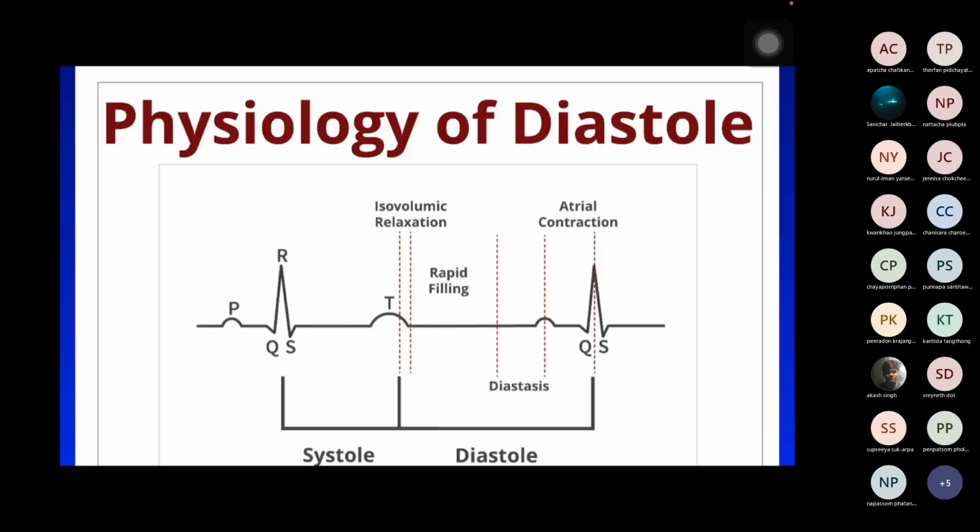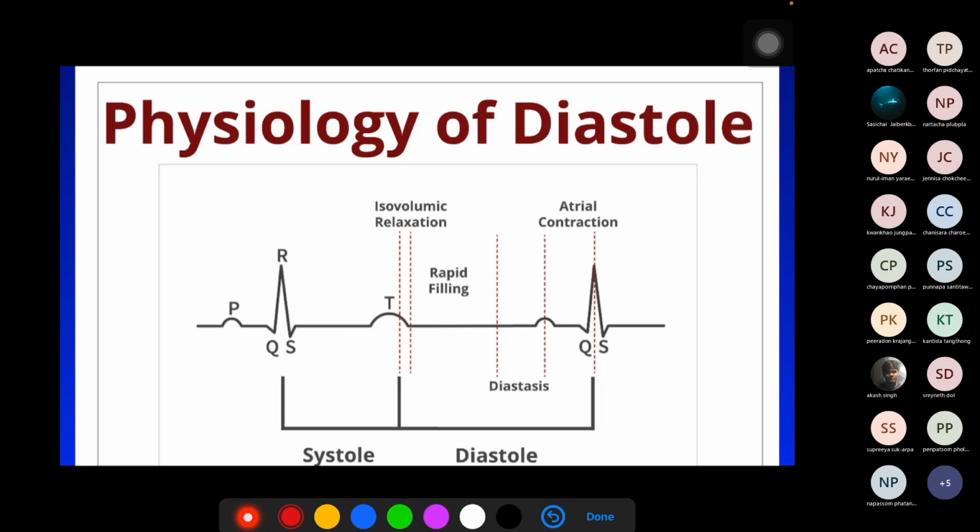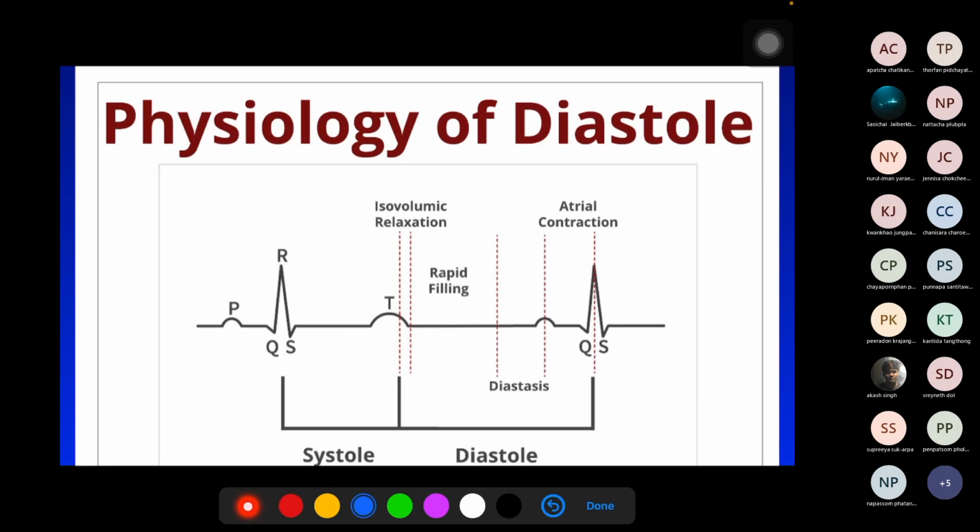Okay, the physiology of diastole, as I just told you. Systole starts from the initial QRS complex to the end of the T wave.